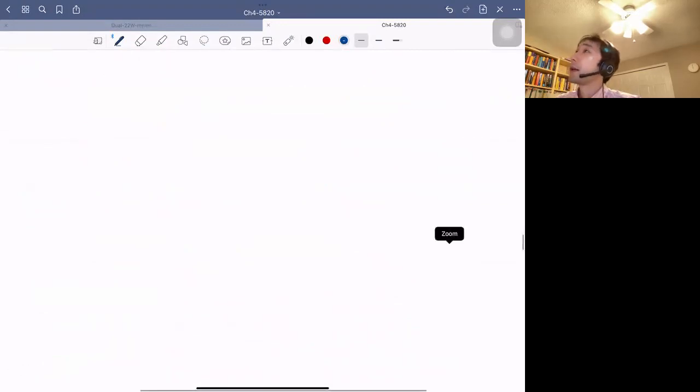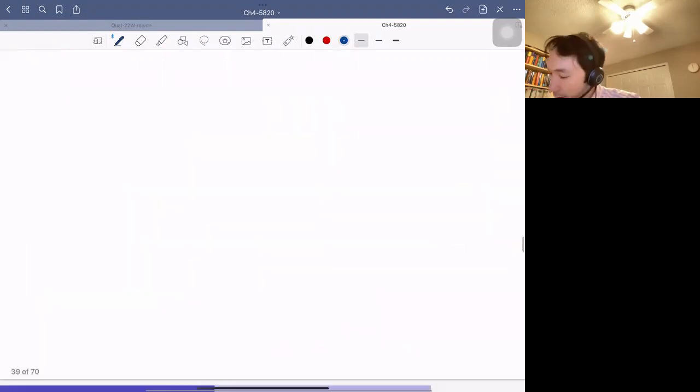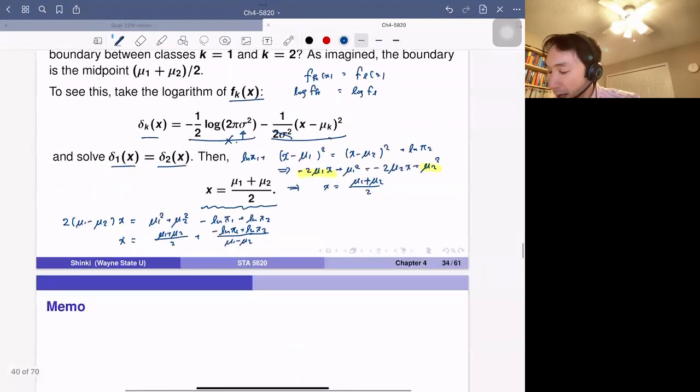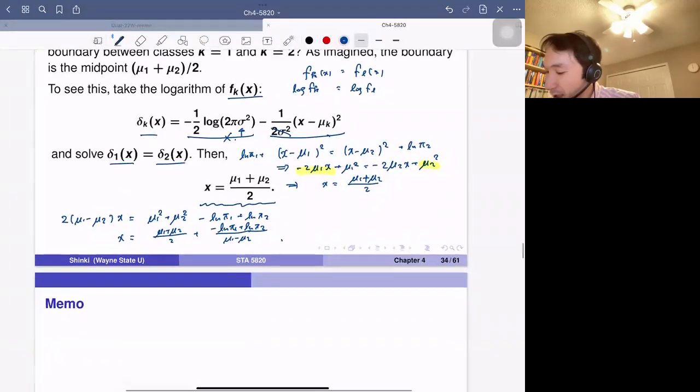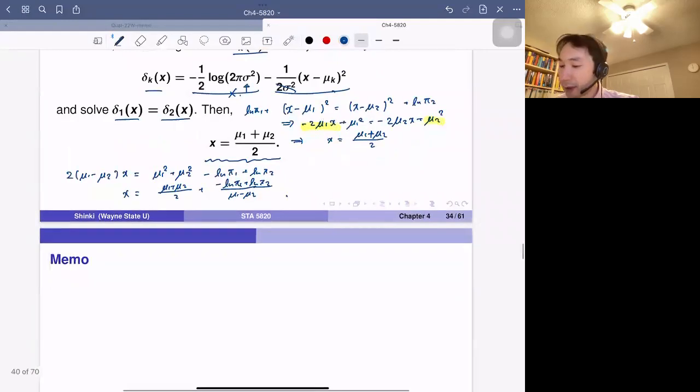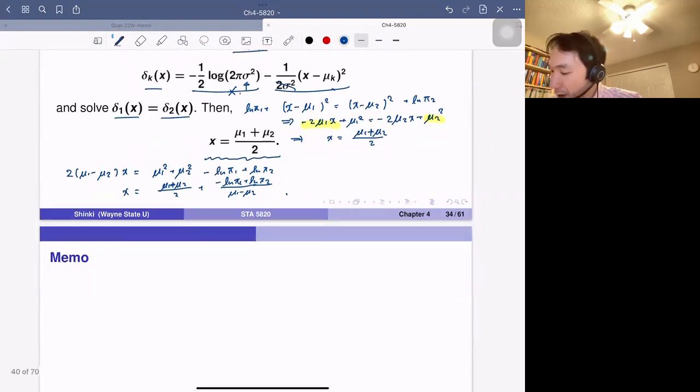Maybe there's some version where the pi_1 to pi_K are differentiated, but basically we have some adjustment term and the result is similar. In such a case, of course, the threshold is not the midpoint of mu_1 and mu_2. We need some modification.